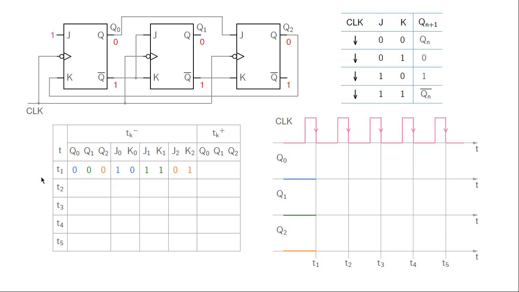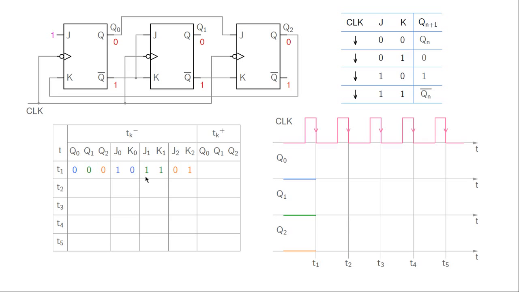Alright, let us start with T equal to T1, and at T1 minus we have Q0 equal to 0, Q1 equal to 0 and Q2 equal to 0. And knowing that, and knowing all these connections for J0, K0, J1, K1, etc., we can figure out what each one of these is going to be at T1 minus. J0 is always 1, K0 is the same as Q2, and Q2 is 0 at T1 minus, so therefore K0 is 0.